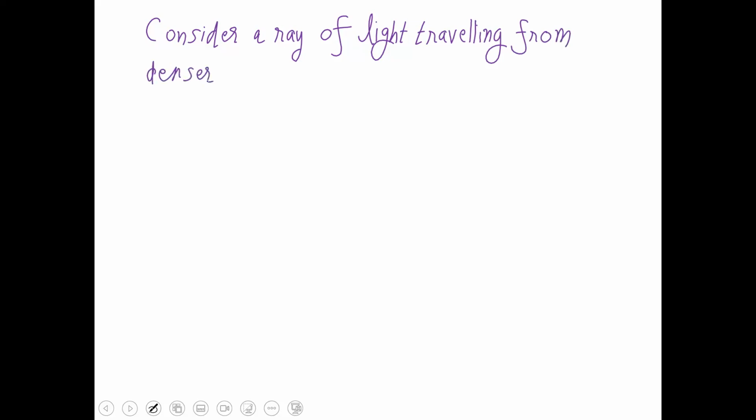Consider a ray of light traveling from denser to lighter medium.